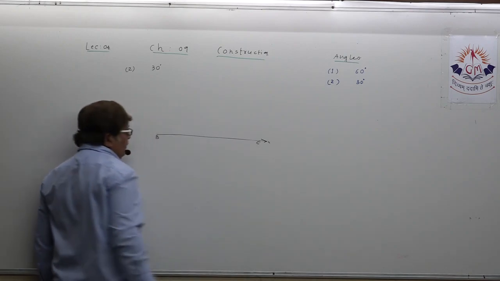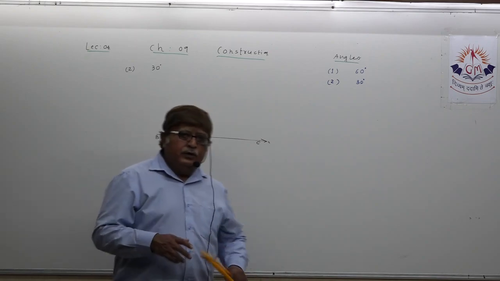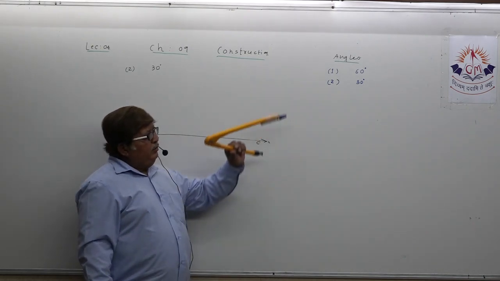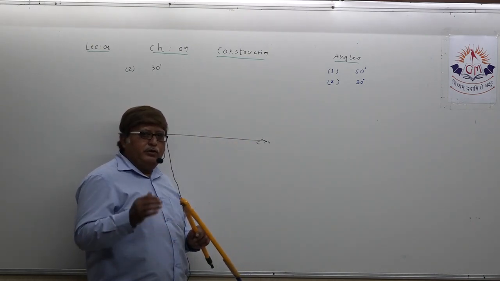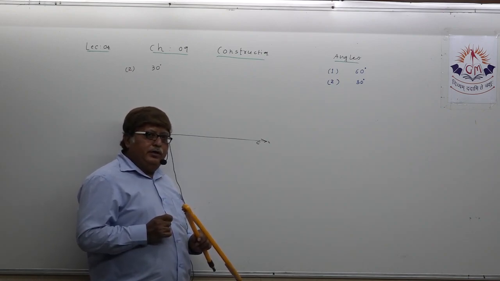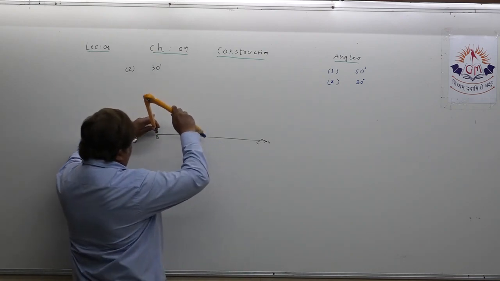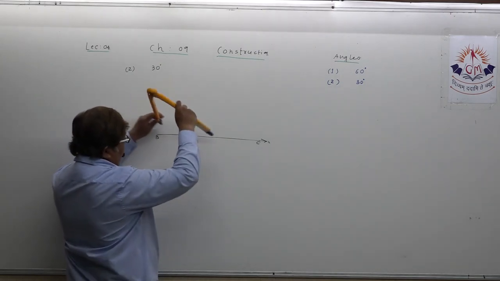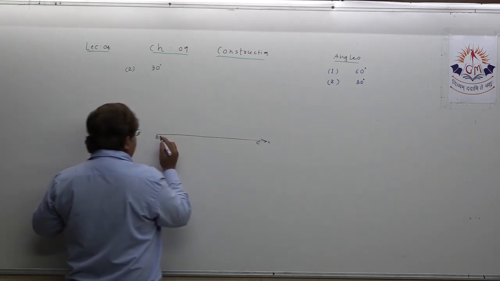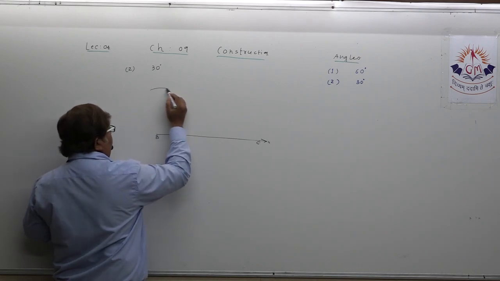Because we want to construct an angle of 30 degrees, your first target is to construct an angle of 60 degrees, because when an angle of 60 degrees is bisected, it will make an angle of 30 degrees. So, as we did previously, taking some appropriate radius and keeping the center at B, draw one arc.